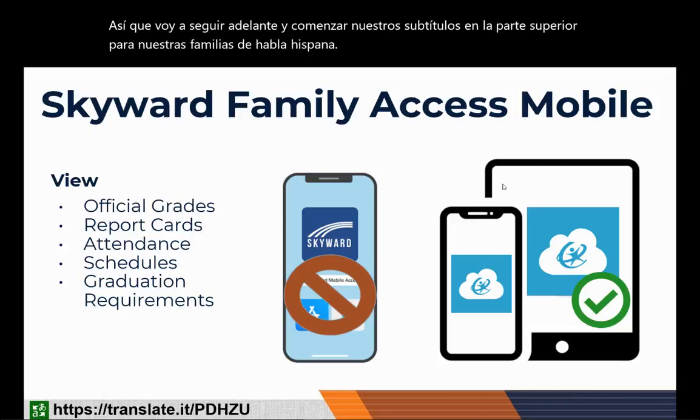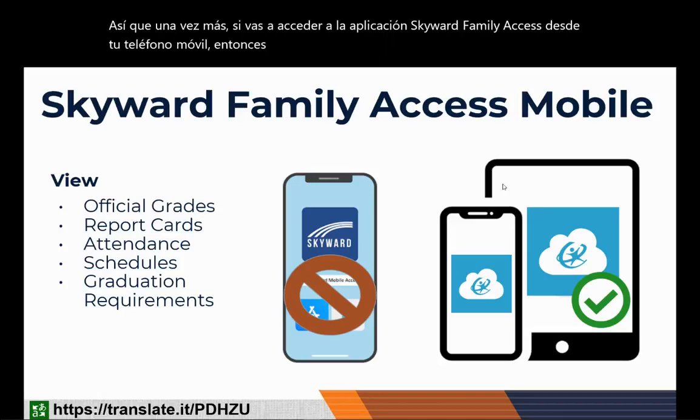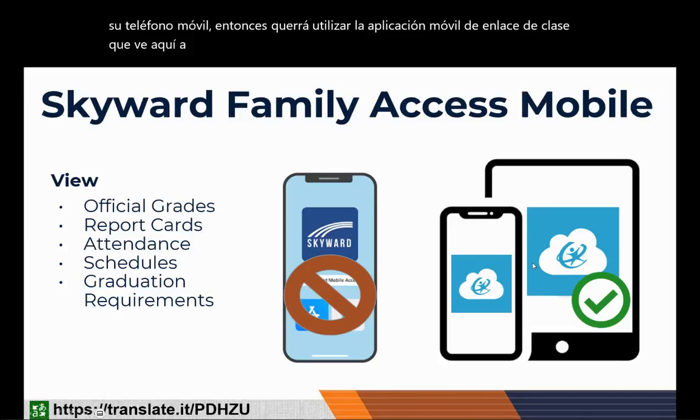So once again, if you are going to be accessing Skyward Family Access from your mobile phone, you're going to want to utilize the ClassLink mobile app that you see here on the right-hand side of the screen, and you're not going to want to use the Skyward app.